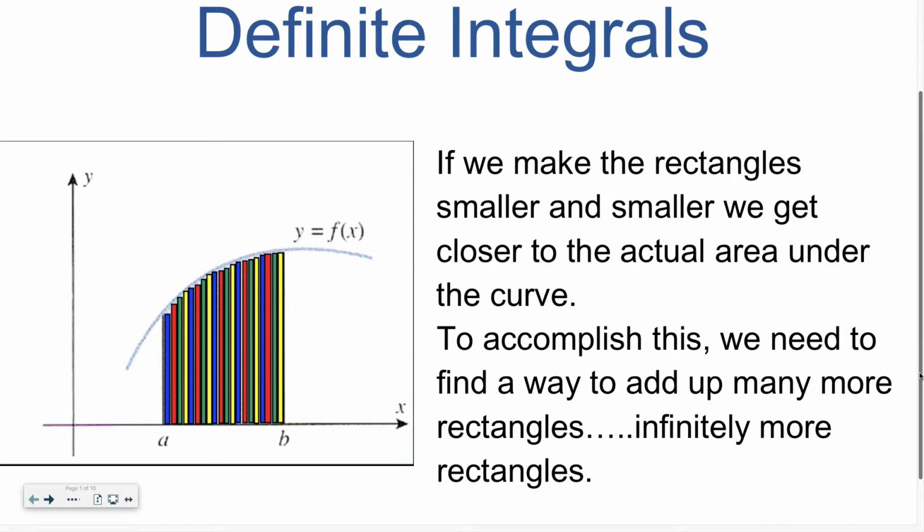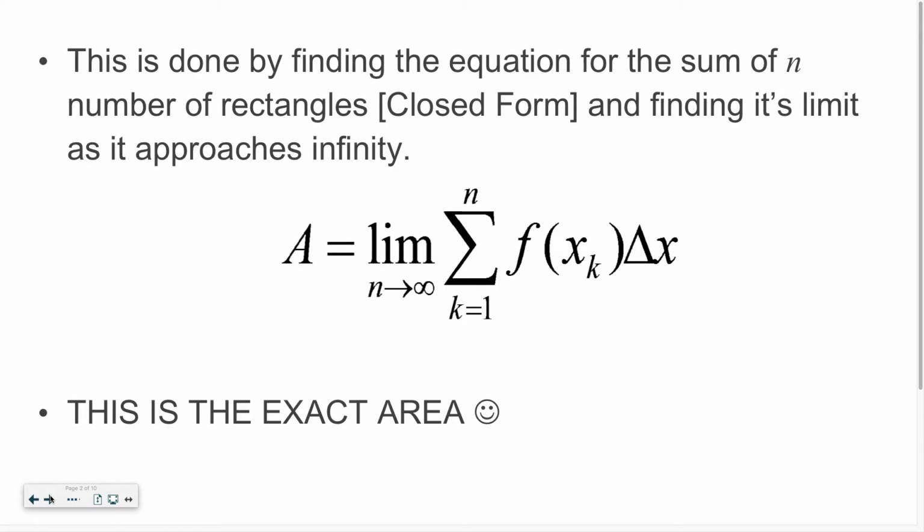So we're going to take the idea of approximating with rectangles, and we're actually going to use it to find the exact area. We are going to do that by summing up an infinite number of infinitely small rectangles.